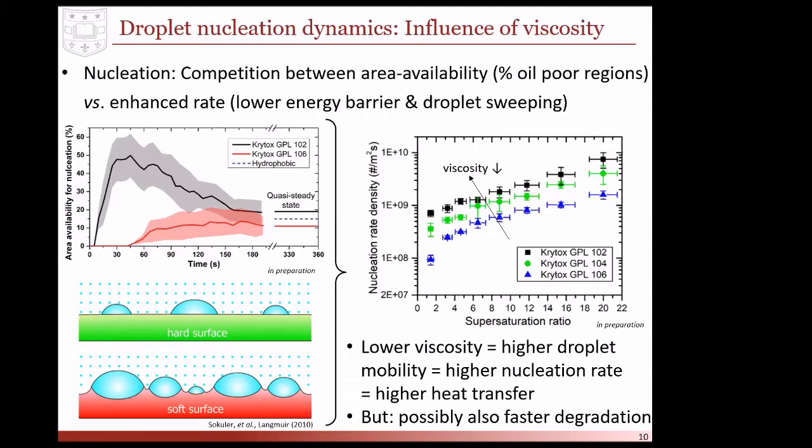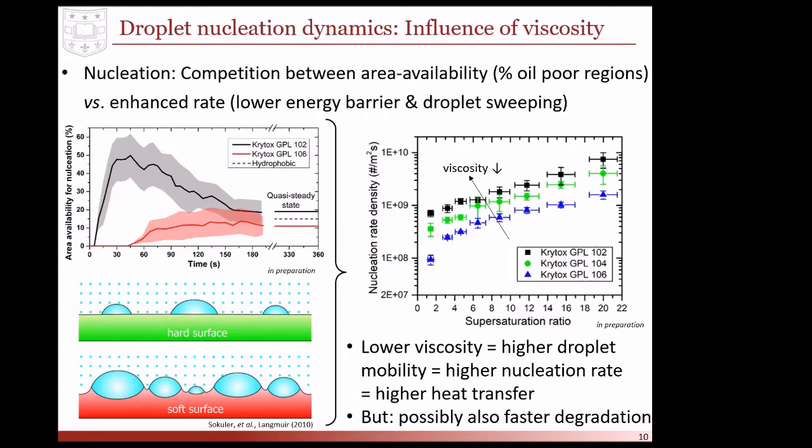One common question is, because the lubricant drains from the surface, do lubricant-infused surfaces really have a potential to be used in applications? For water condensation, maybe not necessarily, because there are other ways we could create and sustain dropwise condensation.